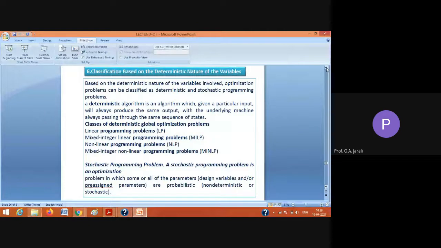Okay, so these are deterministic. The class of deterministic global optimization problems are linear programming problems, mixed integer linear programming problems, non-linear programming problems, mixed integer non-linear programming problems. All these come under deterministic global optimization problems.